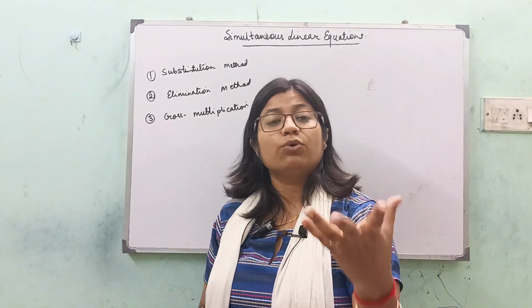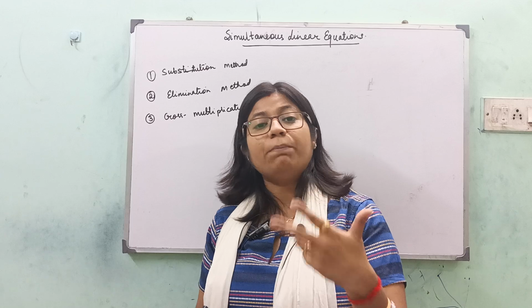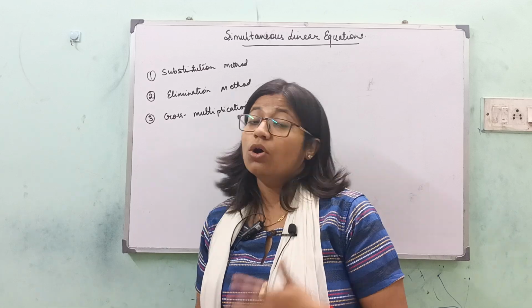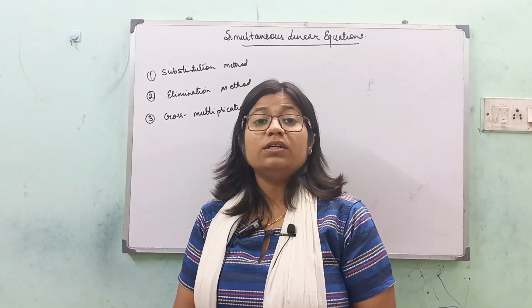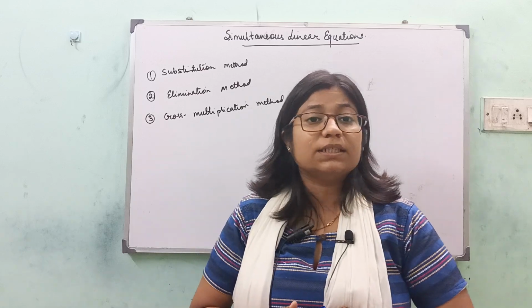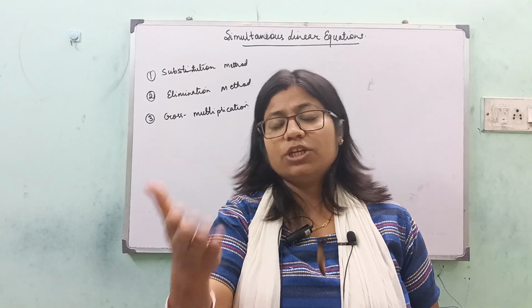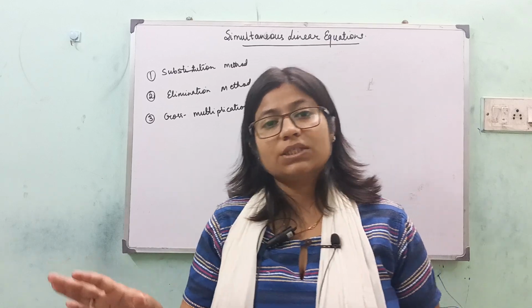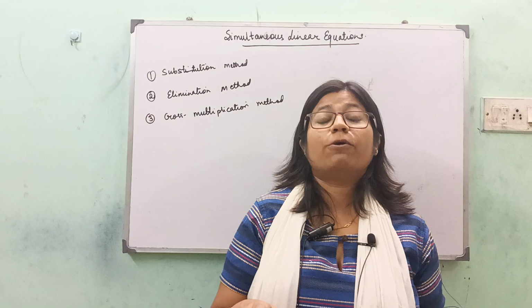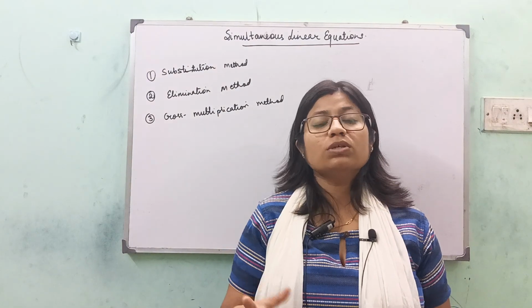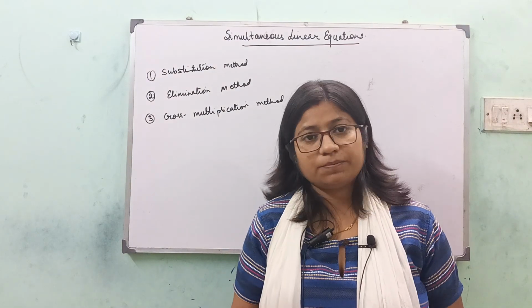It's entirely up to you which method you prefer for solving your equation. But if a method is mentioned in the question paper in the examination, then you have to go by that method. If no such criteria is mentioned, you can use the method as per your wish.